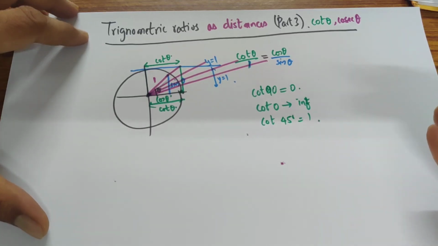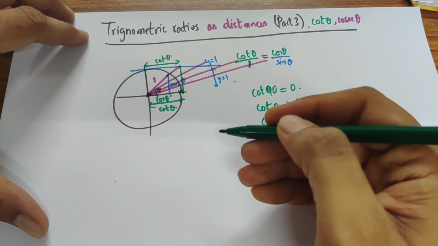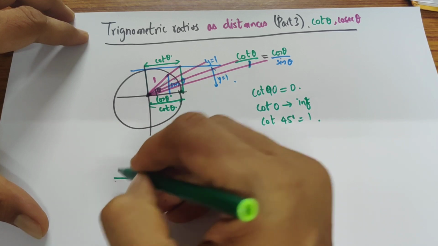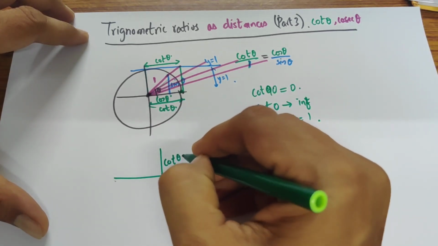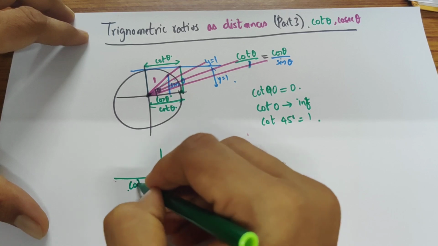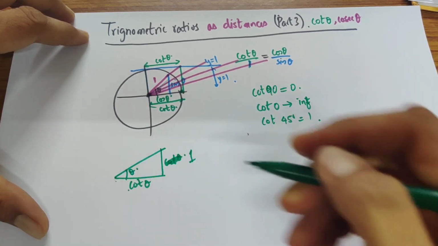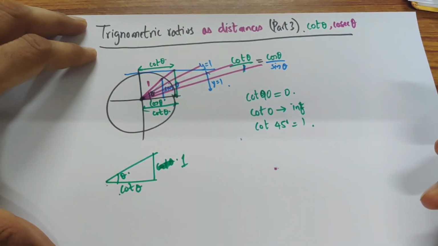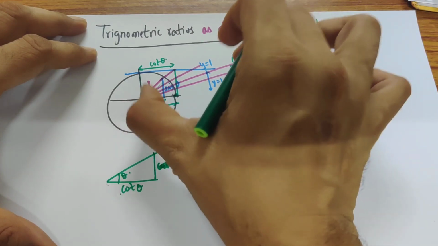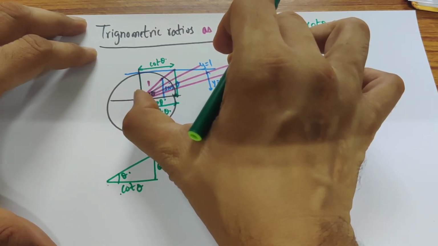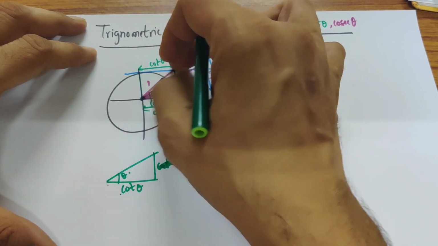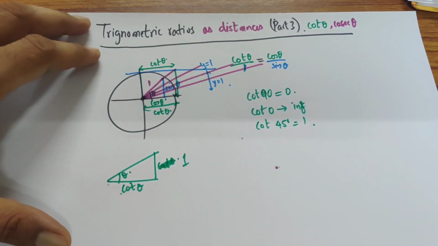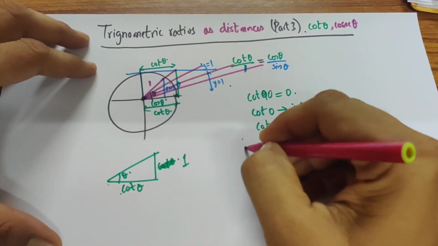And if you have a triangle in which what is given is the height, so if this is 1, this is cot theta, and this angle is theta, you can imagine the same way as we did with tan. Now what is this length? This triangle is similar to the smaller triangle, and what I want is the hypotenuse.